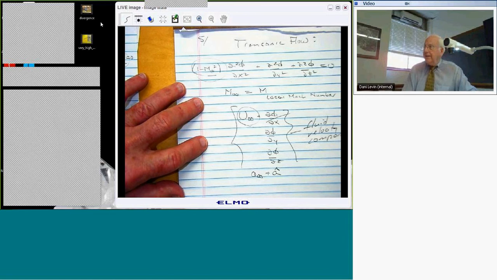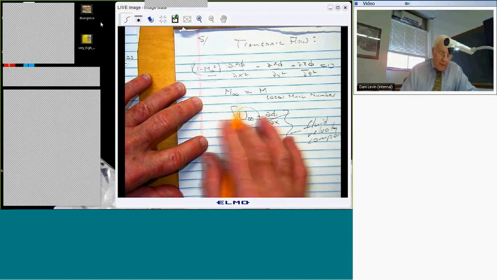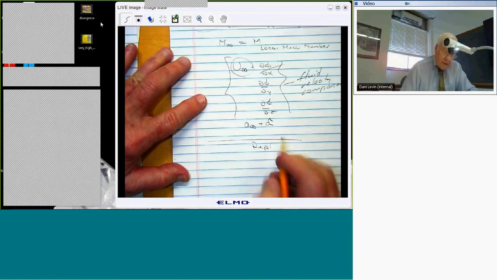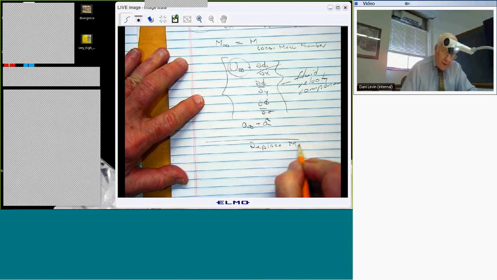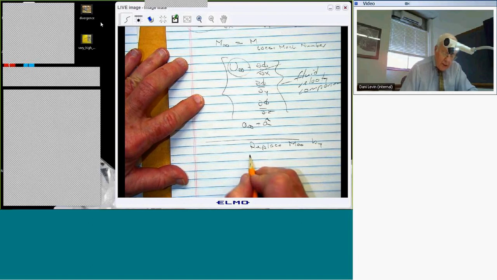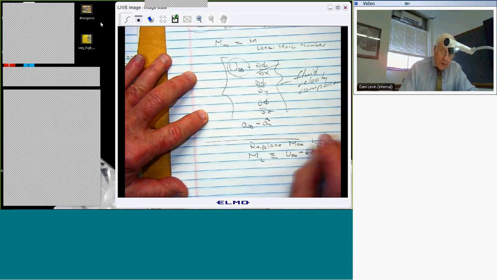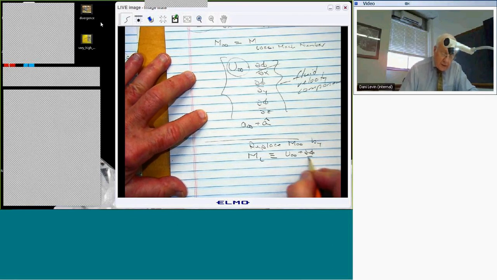And so what happens is that in transonic flow, you really want to replace M infinity by M local, where M local by definition is U infinity plus dφ/dx, leaving off the hats, over A infinity plus A hat.